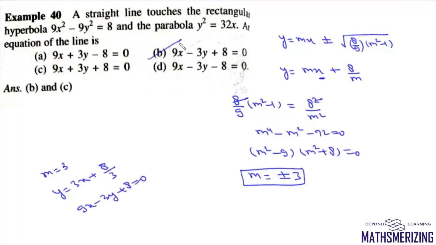And that's your option number B. And if we take m as minus 3, then we'll get this equation as y equals minus 3x minus 8 upon 3. In that case, the equation will be 9x plus 3y plus 8 equals 0. And that's your option number C. So the answer to this question is options B and C.